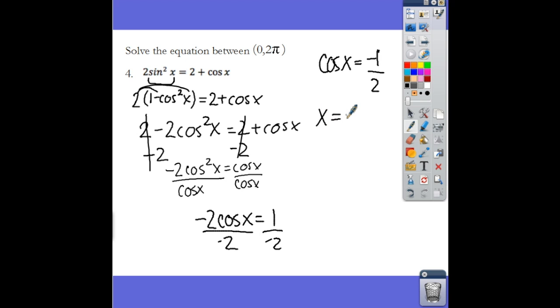So the solutions here are x equals 2 pi over 3 and x equals 4 pi over 3. But remember that we're not doing it in general form. This is between 0 and 2 pi, so these are the only two solutions that you'll have for this equation.